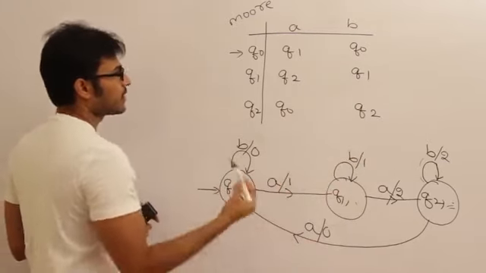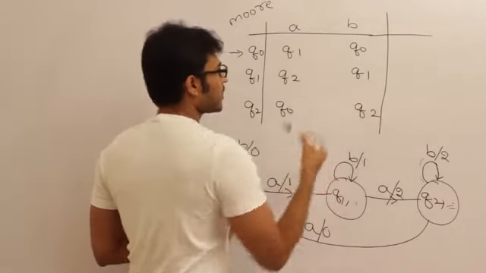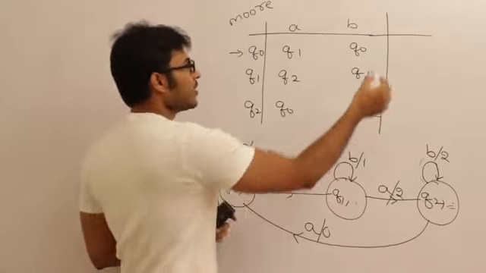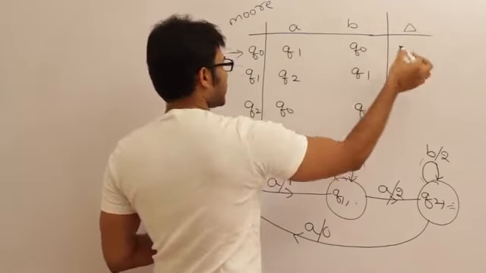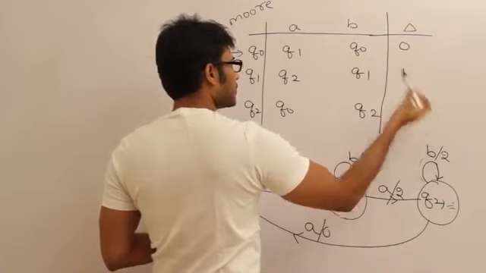So this is the state transition table for the Moore machine. Now what is the output? Output associated with Q0 is 0, output associated with Q1 is 1, output associated with Q2 is 2.